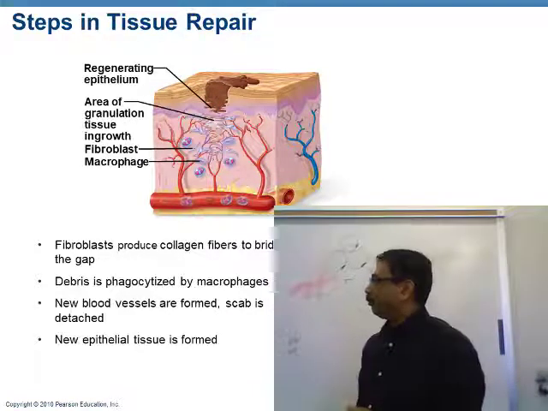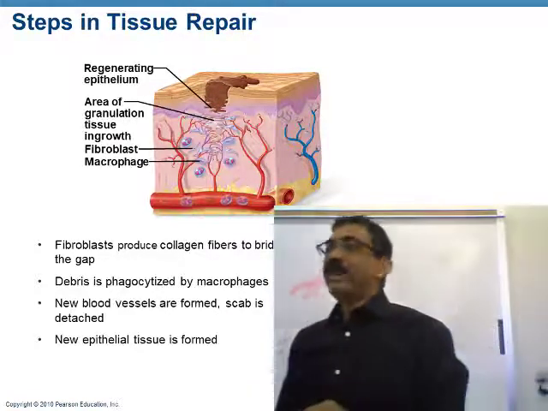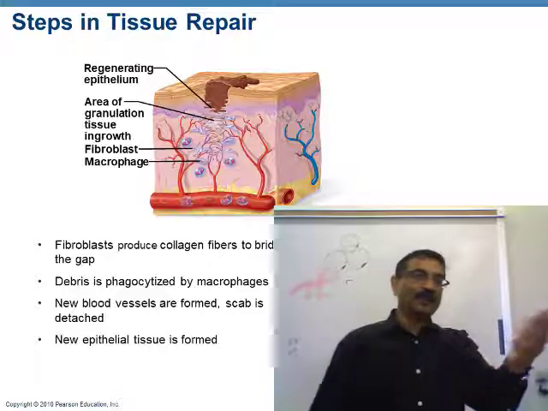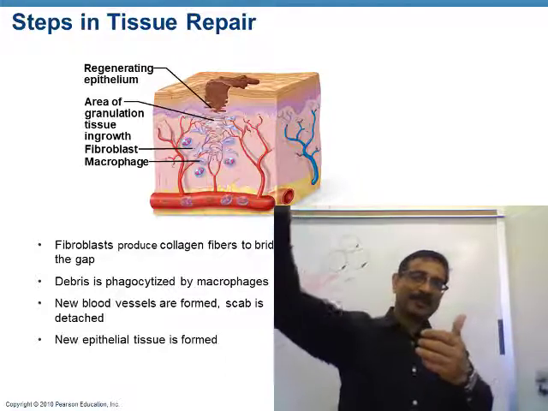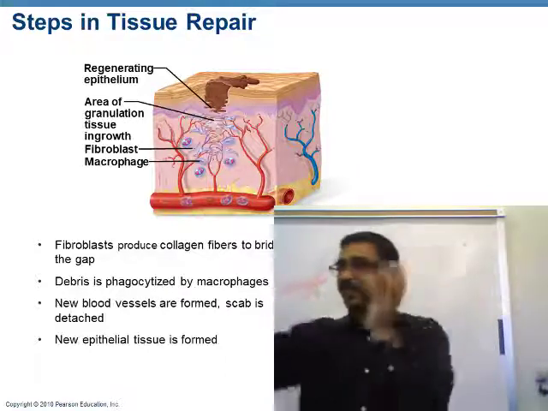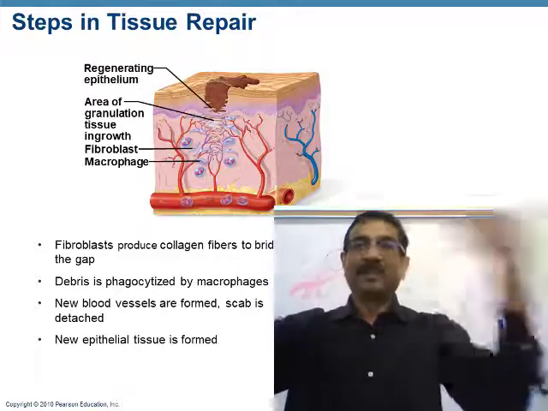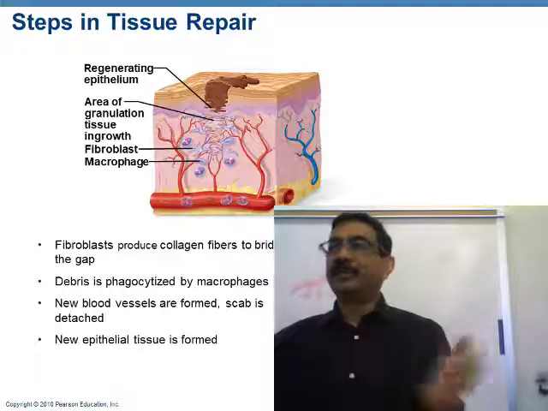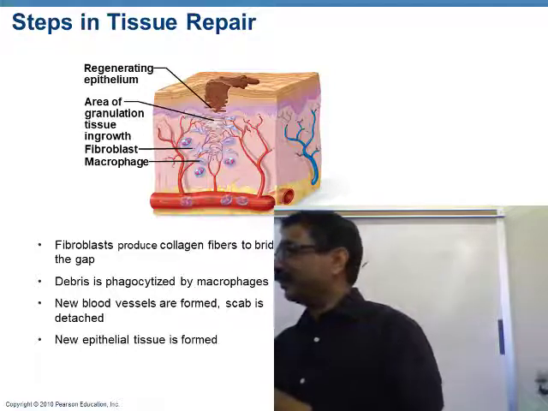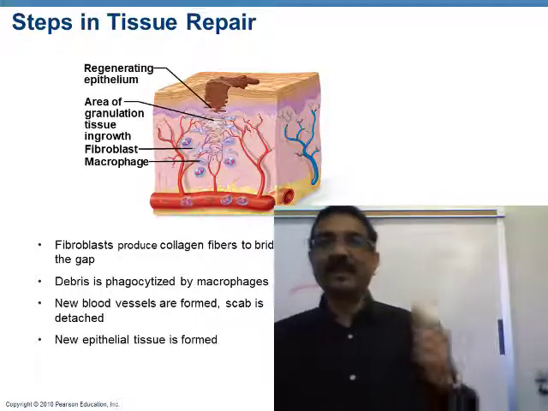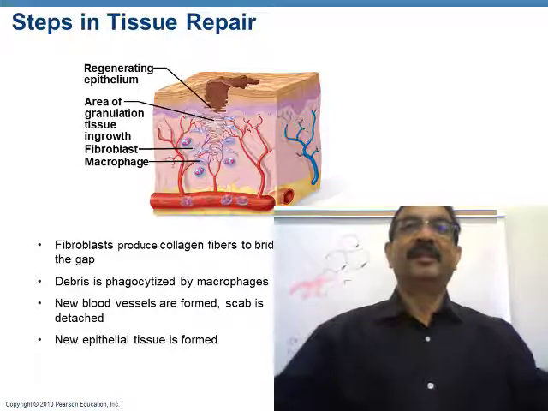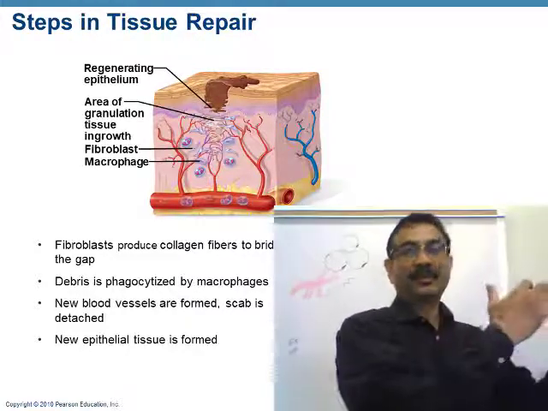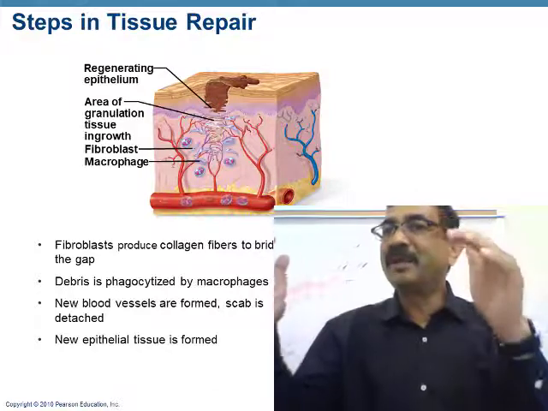That's number one. Then macrophages, you already know, we have talked about all those cells. You remember different types of cells. Macrophages have processes and they love to do what? Engulf, right? So macrophages will engulf the dead cells, debris, and clean that area. So filling is done by which type of cells?